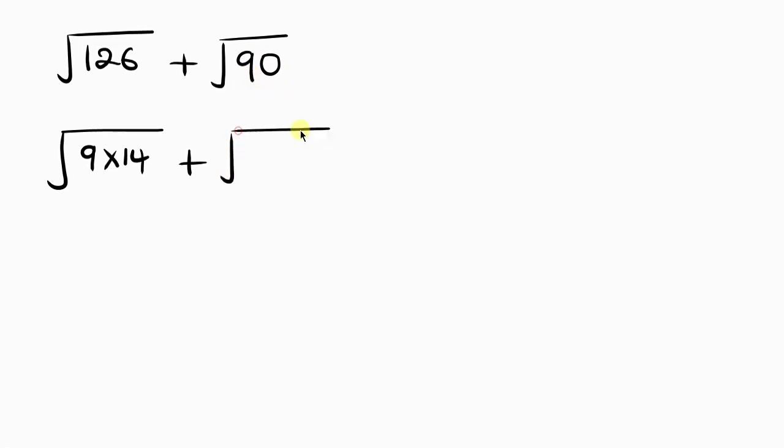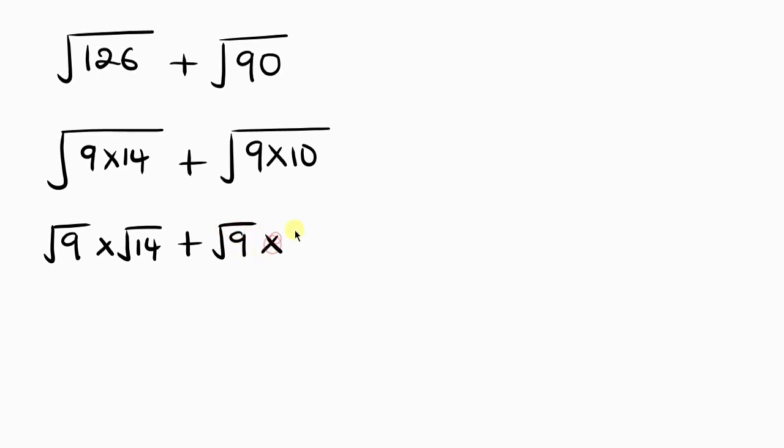So we have the square root of 9 is a perfect square times 10, which gives 90. So let's separate this. So this is the square root of 9 times the square root of 14 plus this is the square root of 9 times the square root of 10.